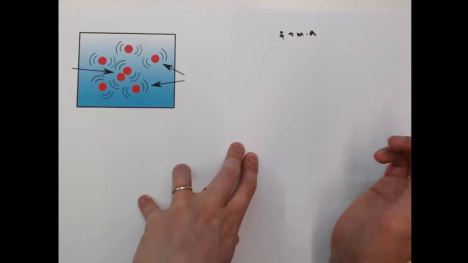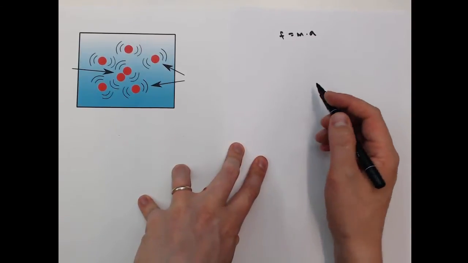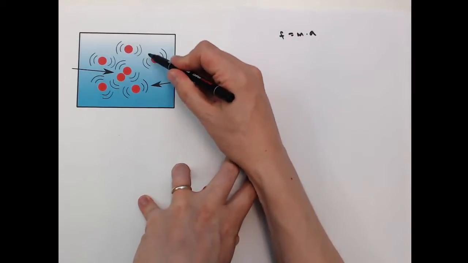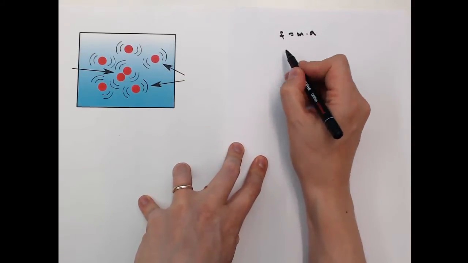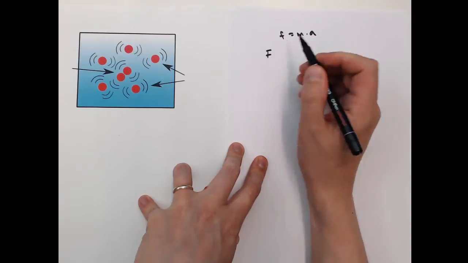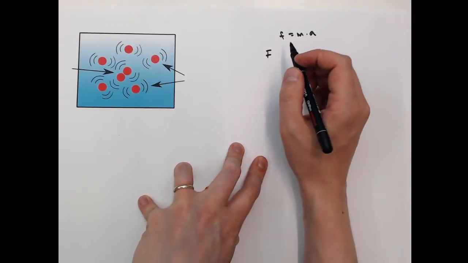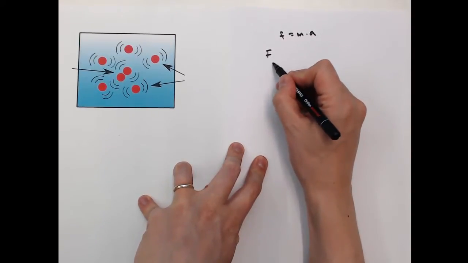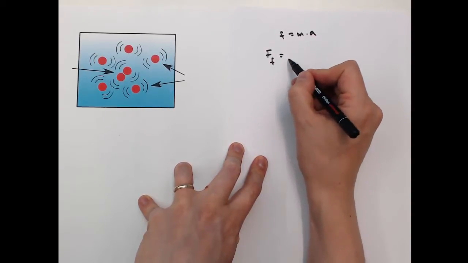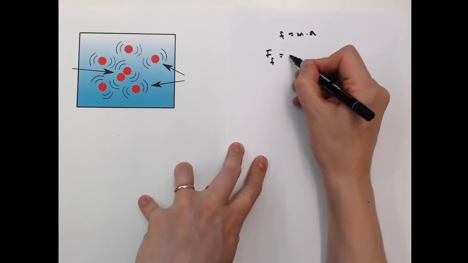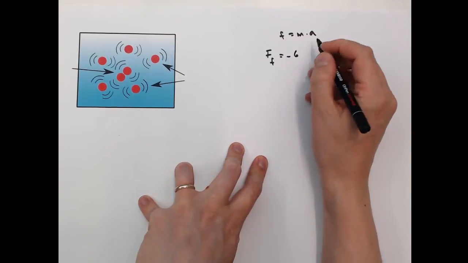So the first force that we consider is the friction force caused by the liquid here. In the model by Langevin, it's assumed that the friction force is proportional to the velocity, and it has the form of Stokes' law.